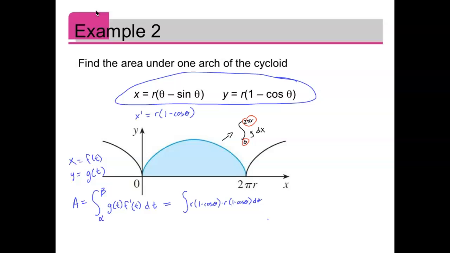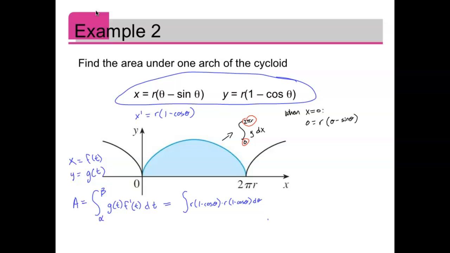So to do that, I just want to think about when x is 0, and so if I plug in 0 for x, I would have 0 equals r times theta minus sine theta.